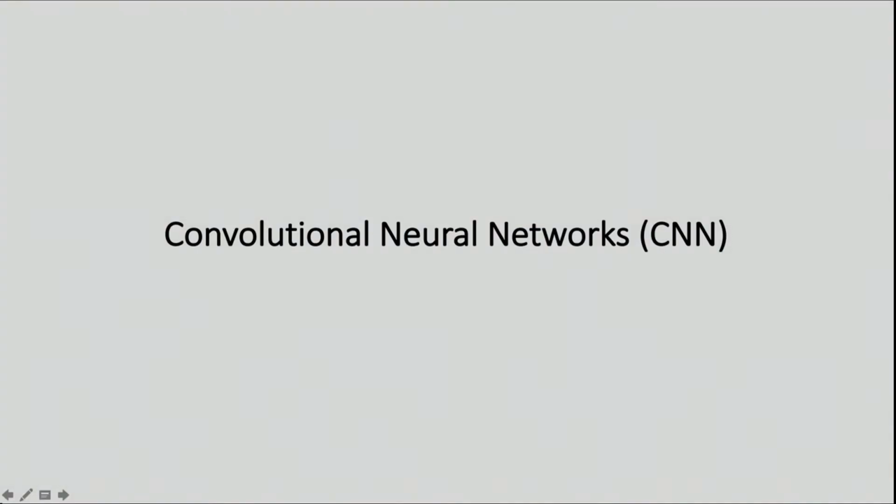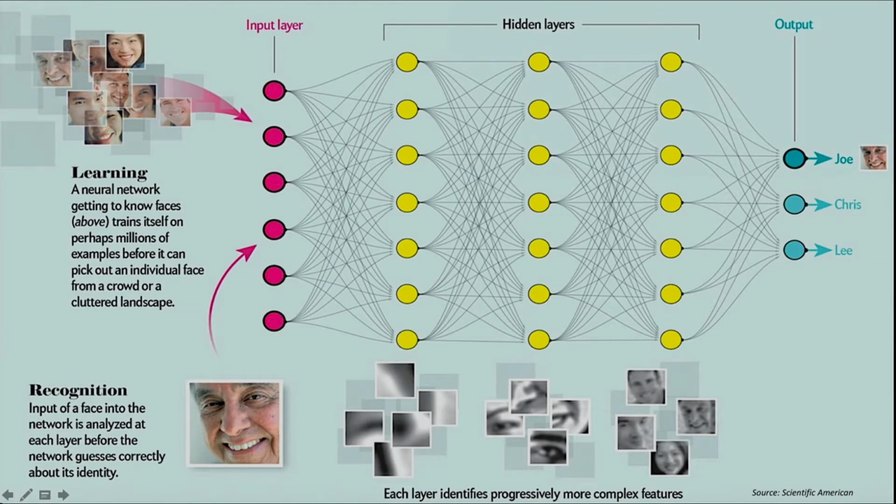So the first one is what's called a convolutional neural network. And again, with this one, I will start at a very high level, abstracting out a lot of the underlying details, but then we'll get pretty specific here. Convolutional neural networks are very good for imaging and vision problems.